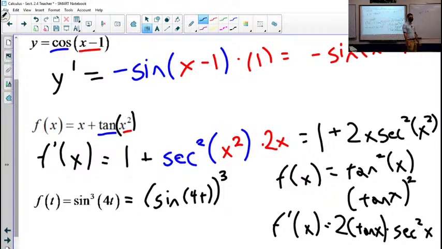That's what sine cubed means. So we're going to build from outside to working inside. We're going to start with the cubed. That's the outermost function. And then work inside to sine. And then the innermost function is my 4t.